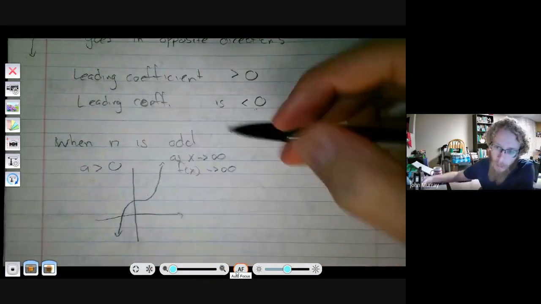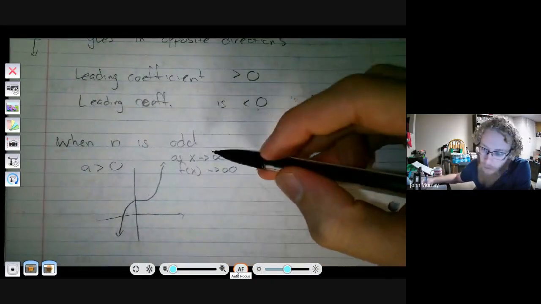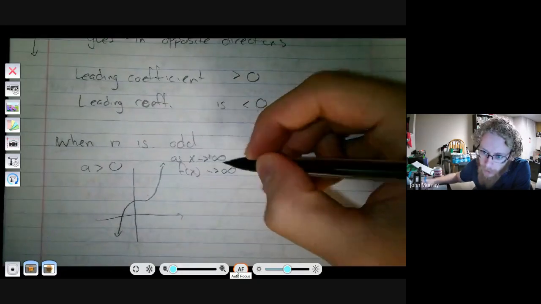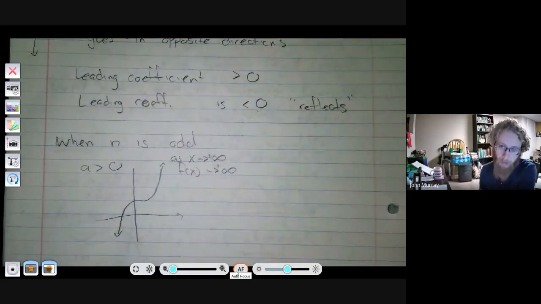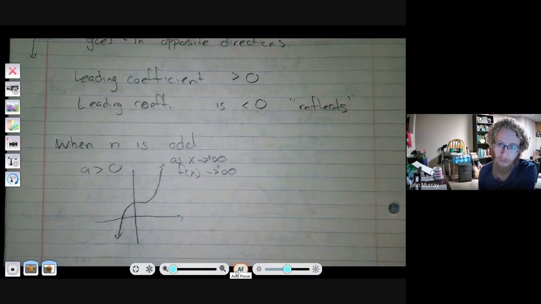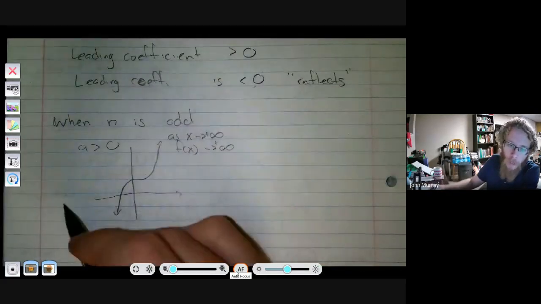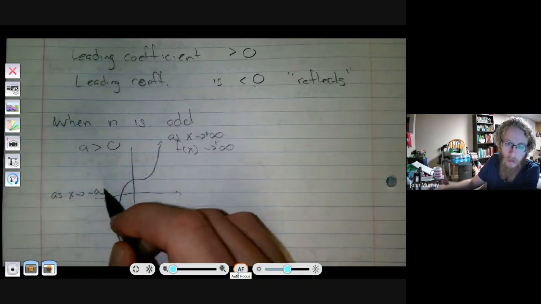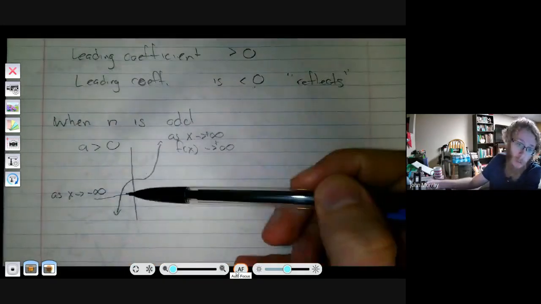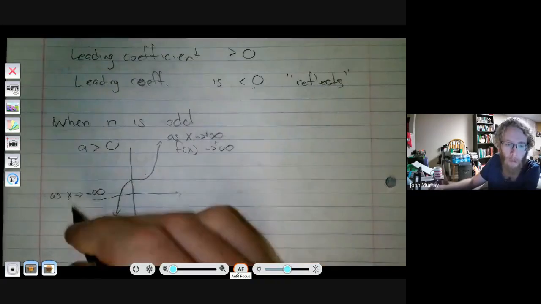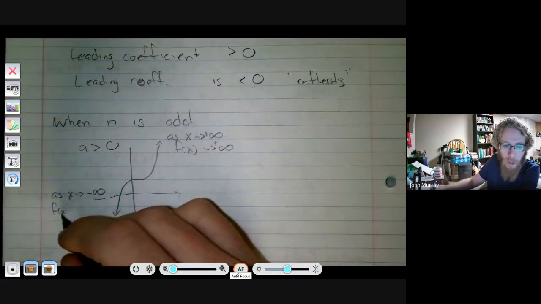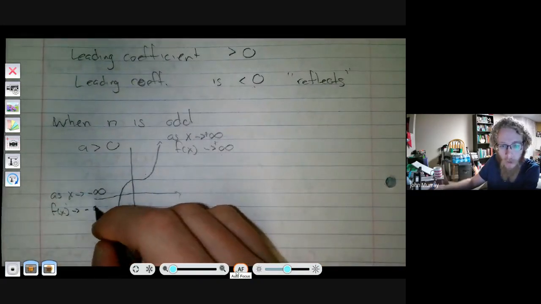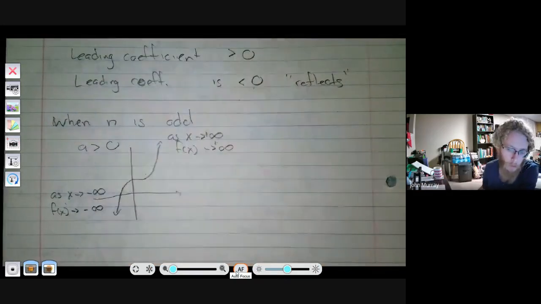Okay, now the hidden part here is that there's an invisible plus there. Okay, in the opposite direction, we say as x goes to negative infinity, right? So that just means I'm moving to the left. Our function also goes to negative infinity, which is down.